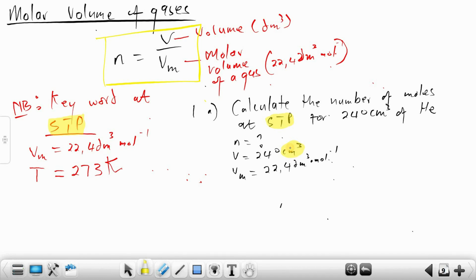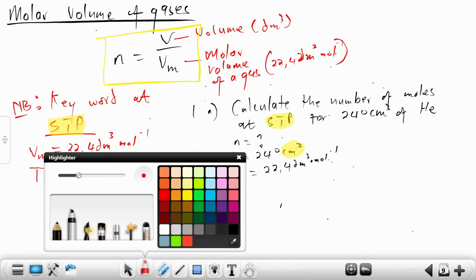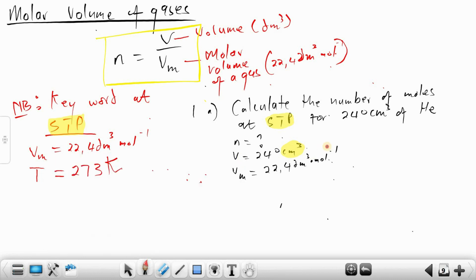So what must I do? Convert from centimeter cubed to decimeter cubed. How do I do that? I just divide this by 1000.